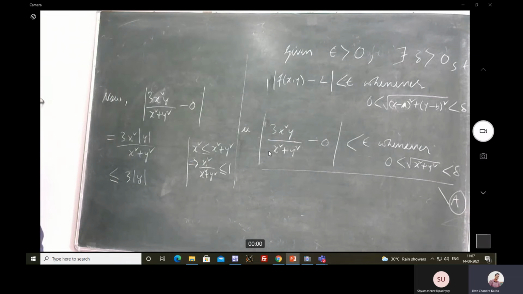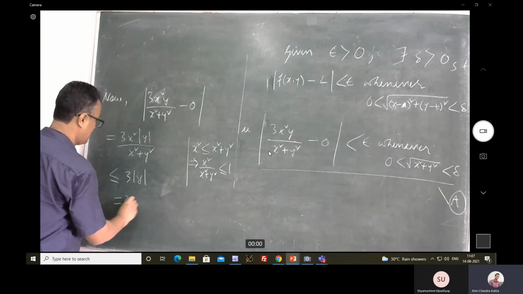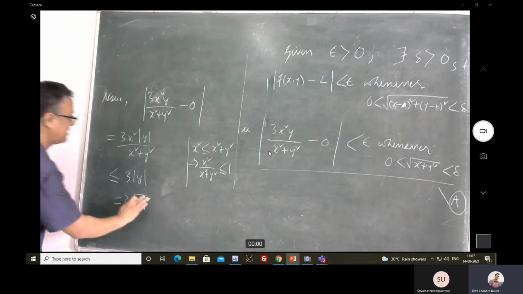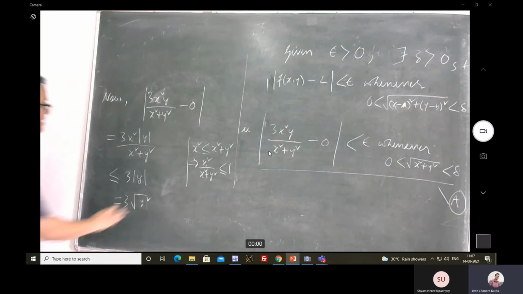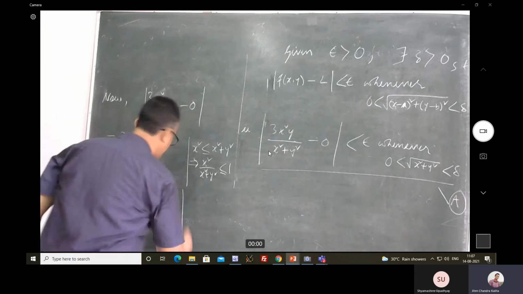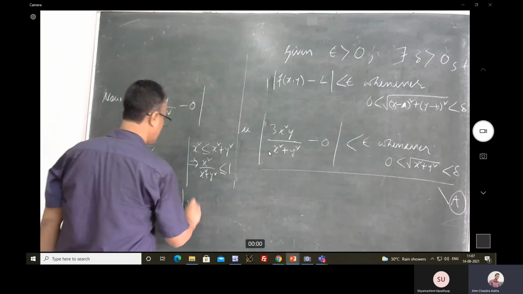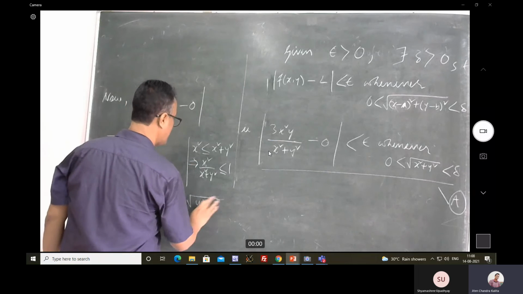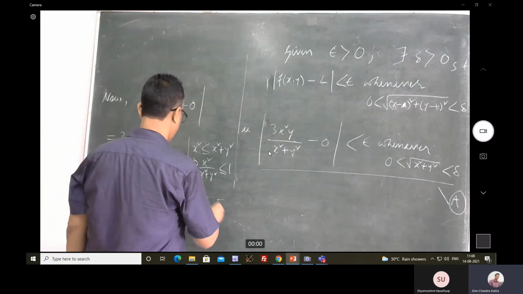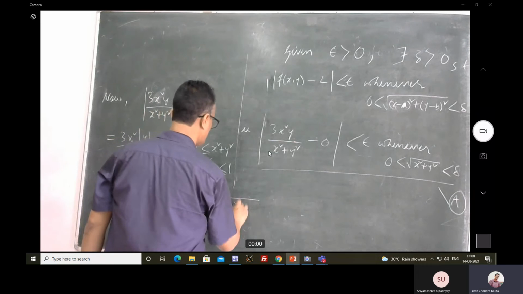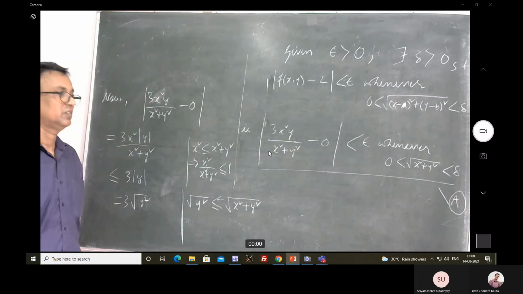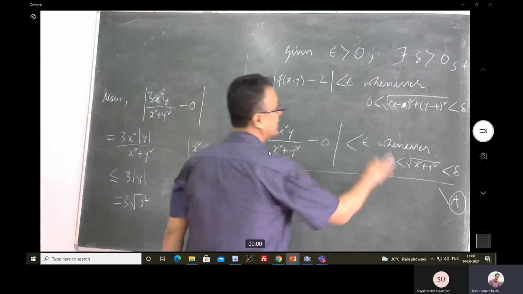Sorry, I don't need this 3y squared. Now again you see that square root of y squared is less than or equal to square root of x squared plus y squared, right?